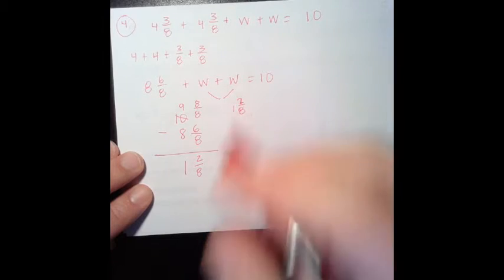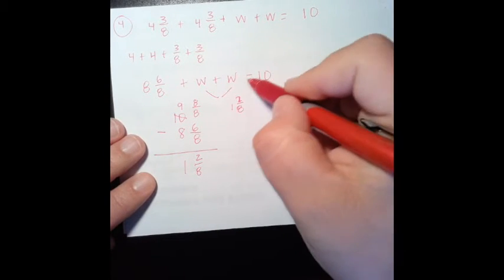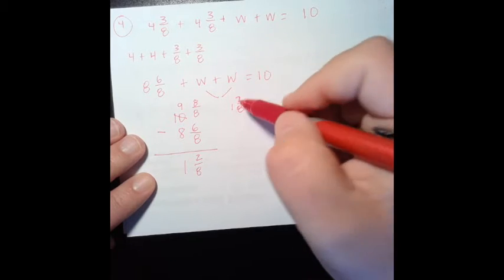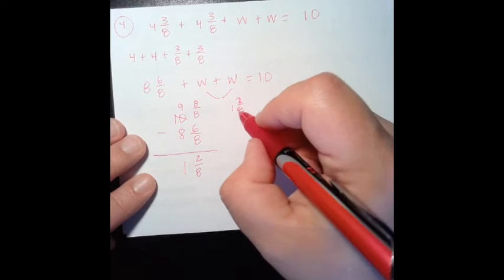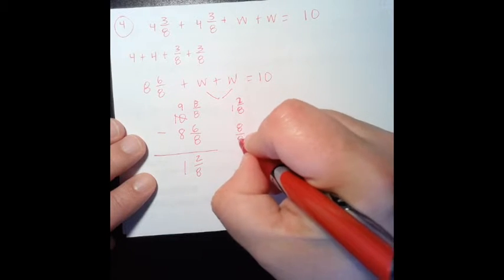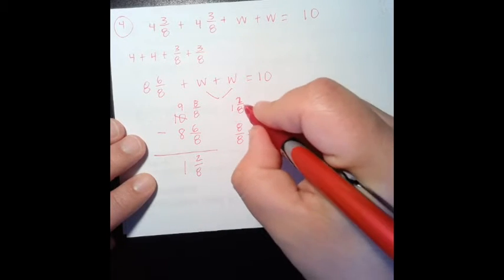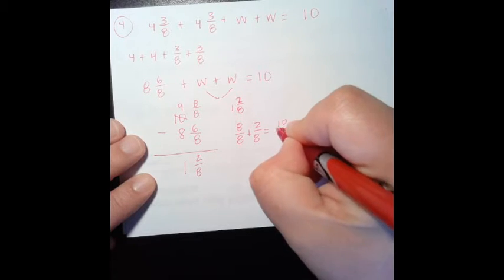Now we've got to split that 1 and 2/8 in half. That's what two widths equal. So I'm going to change this 1 into a fraction. Since we're dealing with eighths, it's going to be 8/8 plus 2 more eighths, which gives us 10/8.